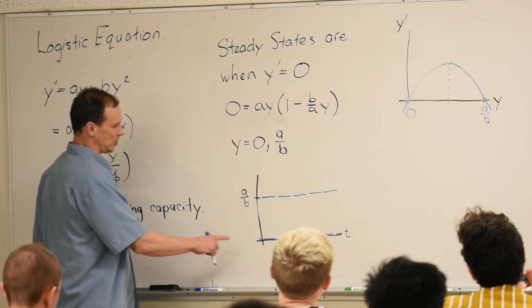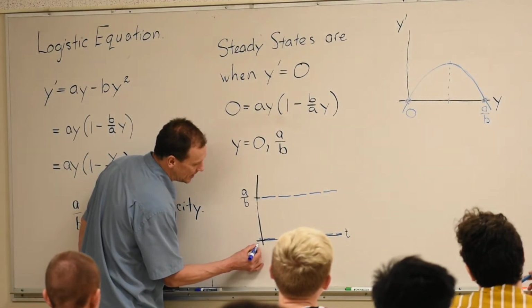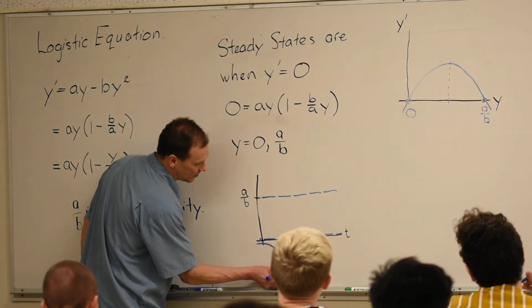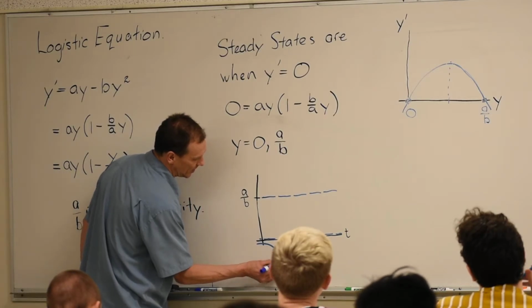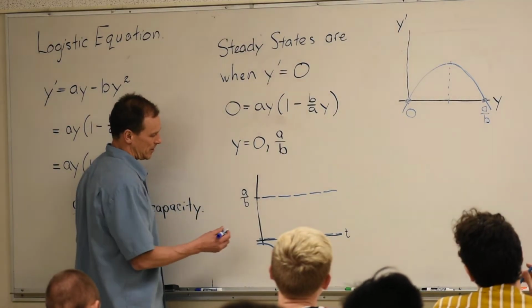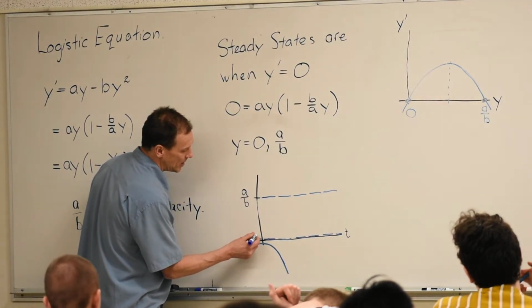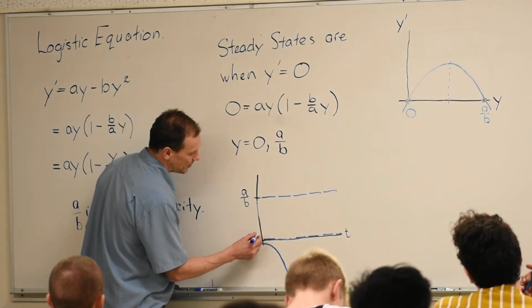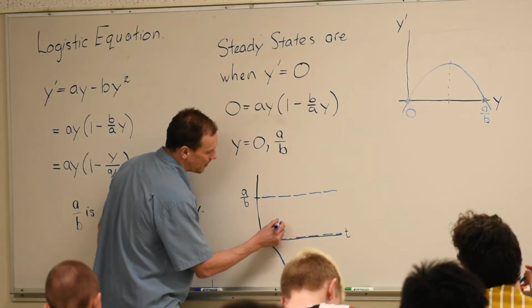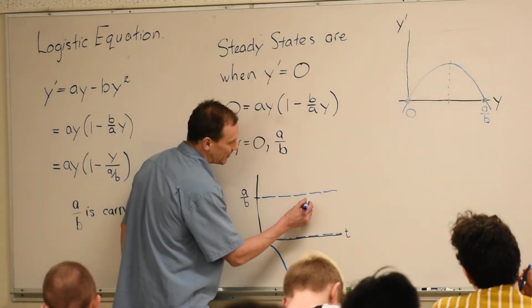So what we said is if you're below 0, you have a decreasing solution, and they drop off almost immediately. It's almost not even worth graphing them. If you're in between 0 and a over b, you might have a picture that comes up and then bends back around.